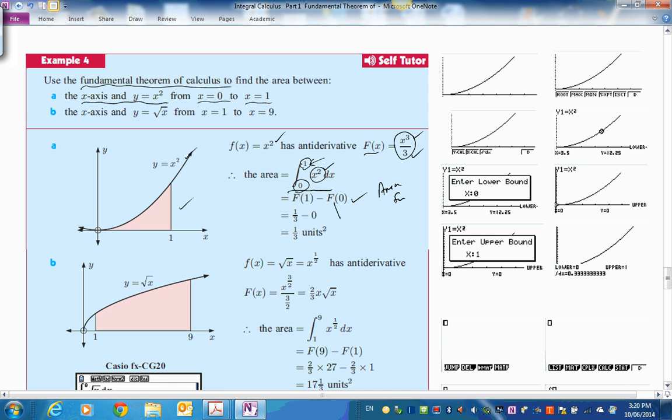As long as we can find a function here whose derivative is that original function. We need the antiderivative. So we're going to stick this in here and put in 1 cubed over 3 minus 0 cubed over 3. It's a third square units. So we've got it all together in this notation. This is reflective of the infinite sum of rectangles between the x-axis going up to the curve.